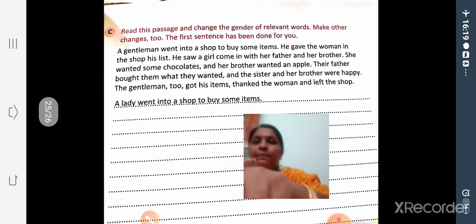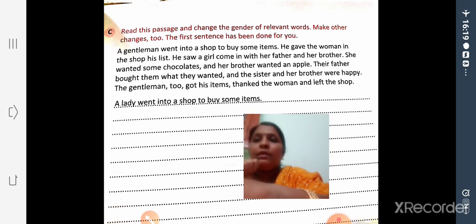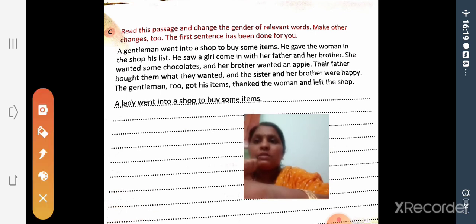Then here one passage is given. You have to edit this passage to the opposite gender. A gentleman went to the shop. Gentleman becomes lady, then went to the shop to buy some items. He becomes she. Gave the woman, woman becomes man. In the first shop, his becomes her. Then he becomes she, so a girl becomes a boy. Her becomes his.